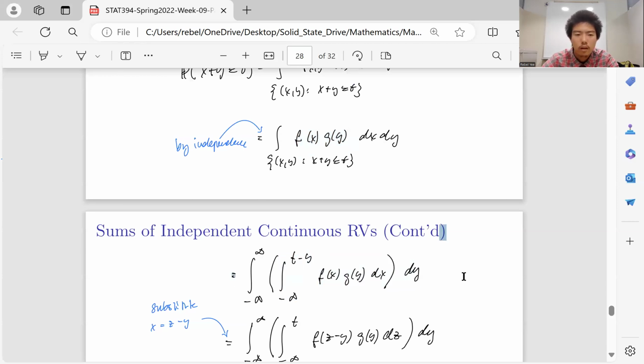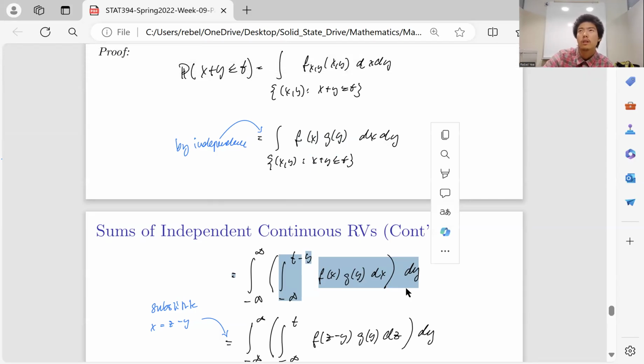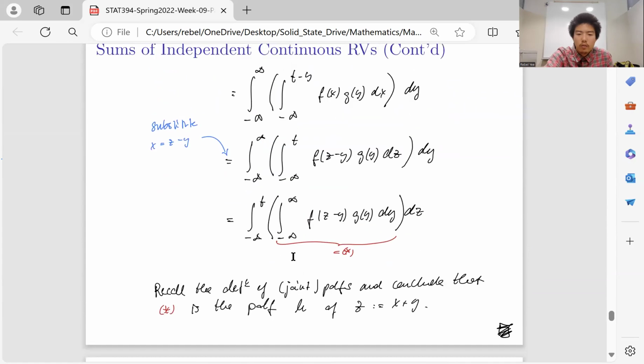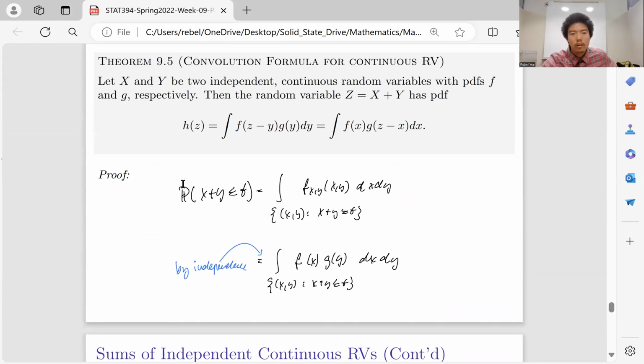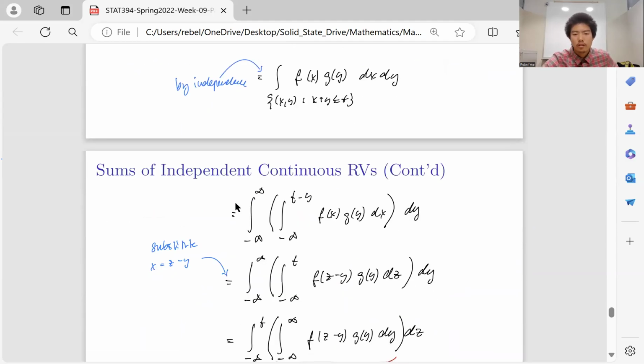So this is our third step to get rid of the indefinite integral. And then we can do it one by one. We can replace the x by z, and we'll reach the final form. So that's our formula for the convolution.